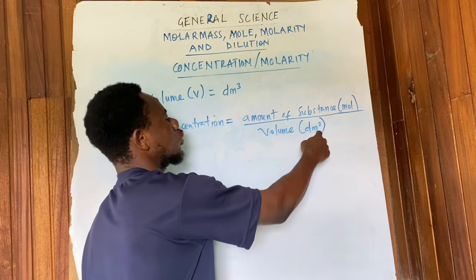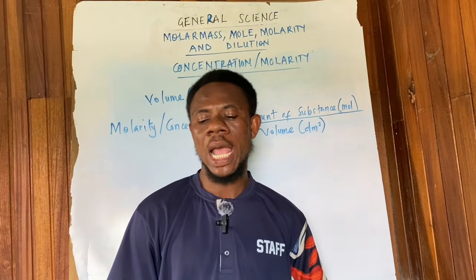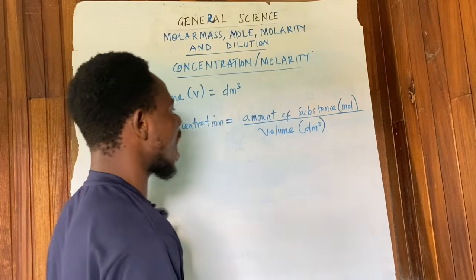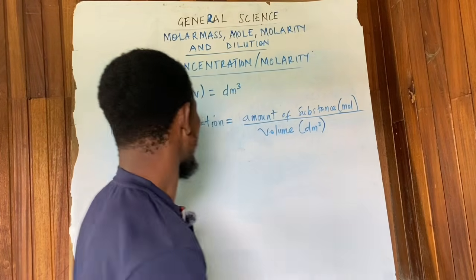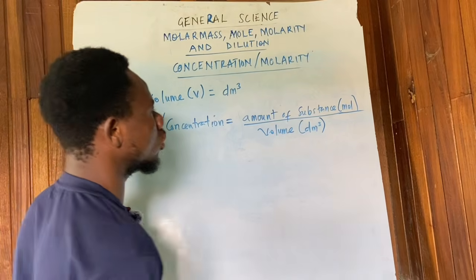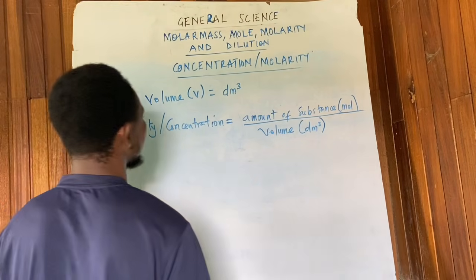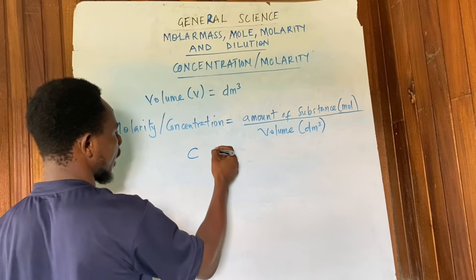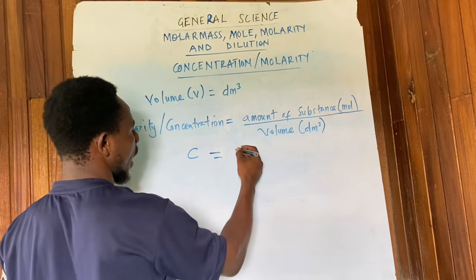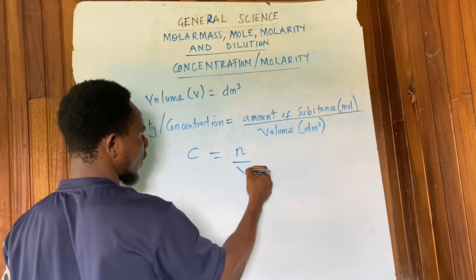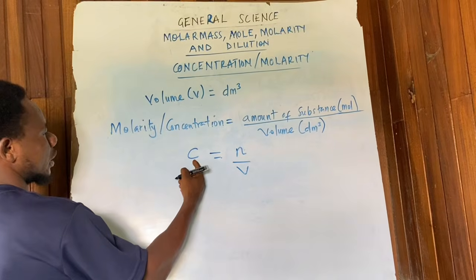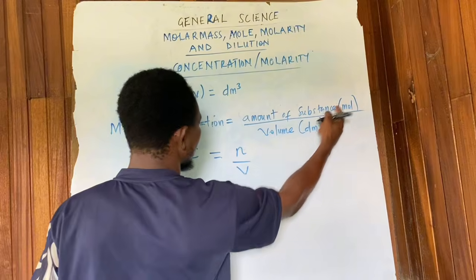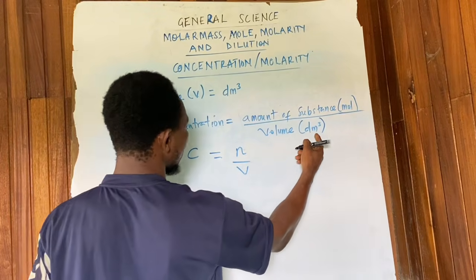This means we are going to derive our formula as concentration is equal to n on V, where C is concentration, n is the amount of substance in moles, and V is the volume in dm cube.